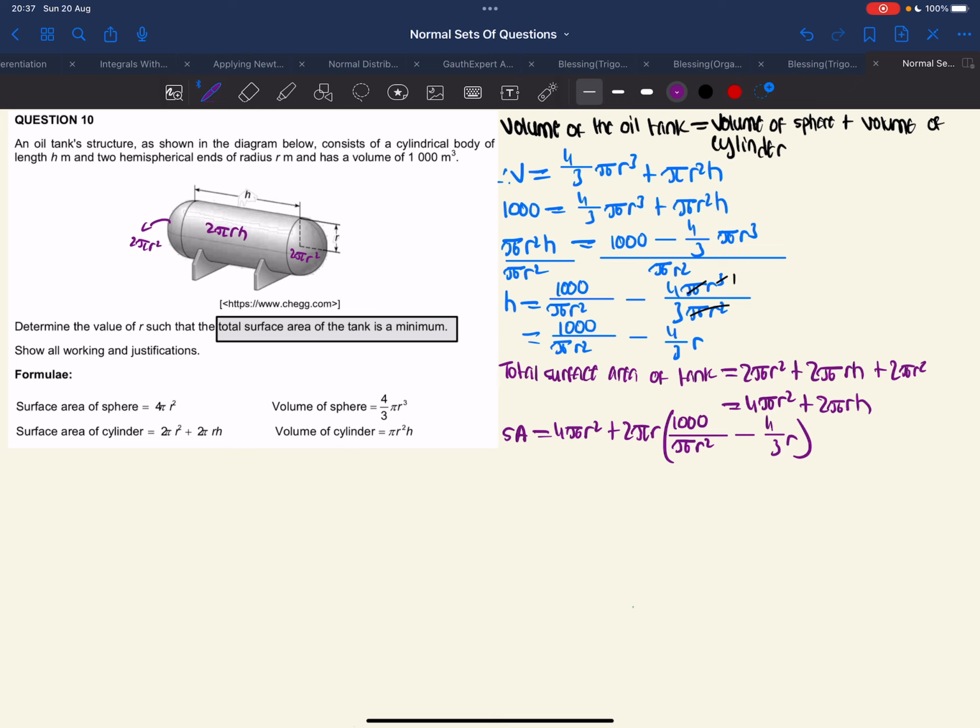And then we can now multiply this thing inside there using the distributive law.